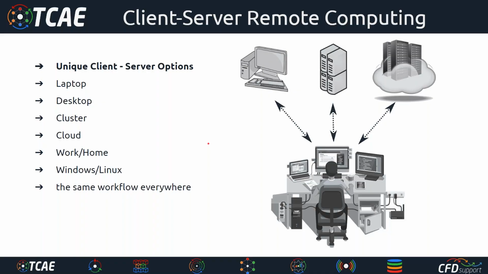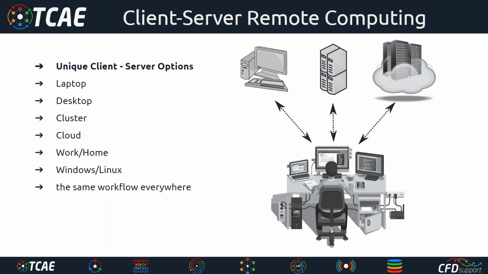Another important principle is that our users can use their resources to the fullest. That means TCAE can actually be run everywhere. It can be run on laptops, on a PC, on a desktop, on a cluster, or in the cloud. No matter if you are working from home or from your work, on Windows or Linux operating system, the workflow is the same everywhere.